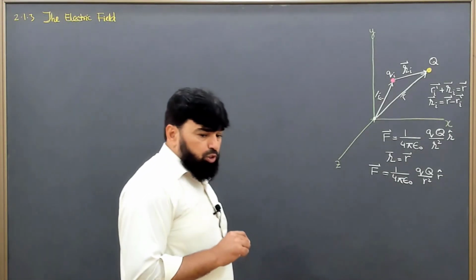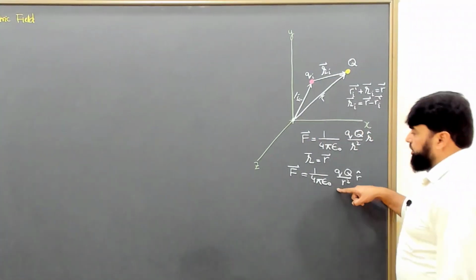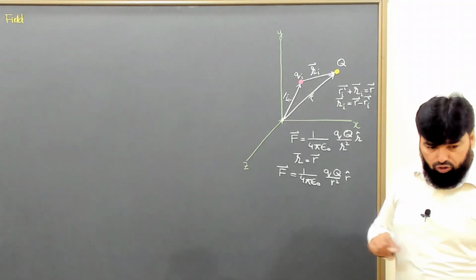This is the situation when we have the source charge at the origin. When the source charge is not at the origin, then we will have this situation.